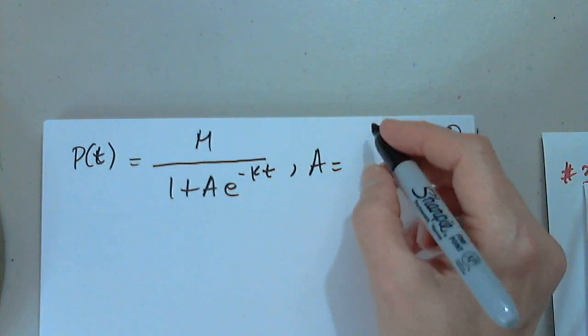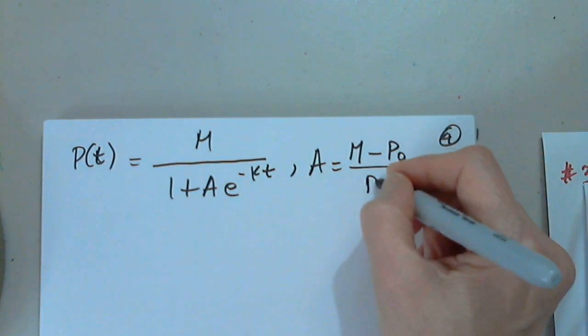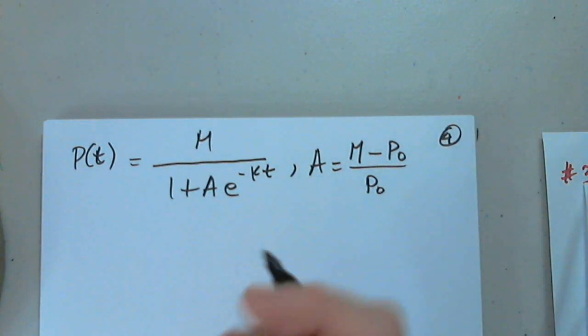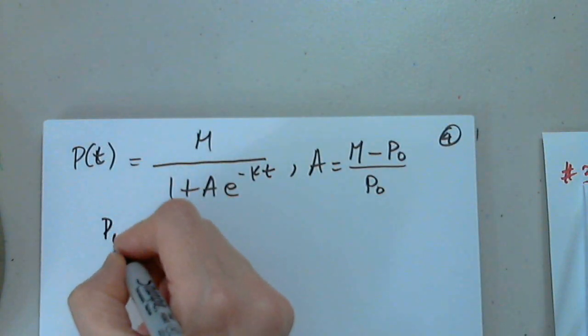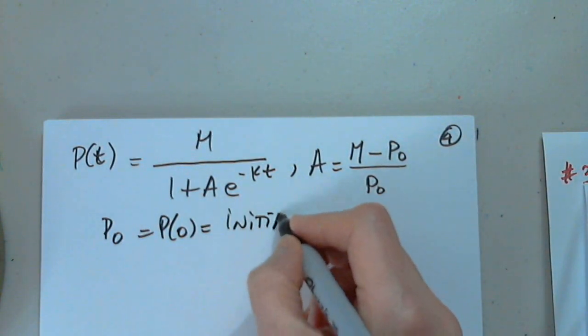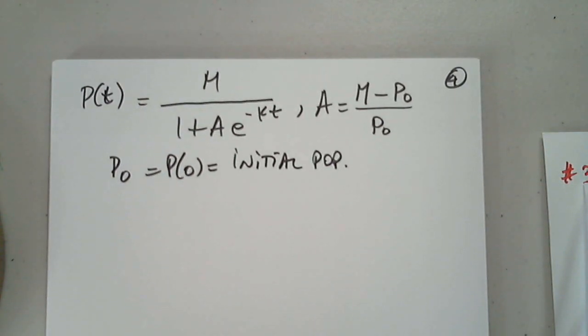It's determined by subtracting the initial population from the maximum capacity and dividing by the initial population. P0 is P of 0, the initial population. So let's look at a couple of examples and see how we determine solutions for differential equations that are logistic models.